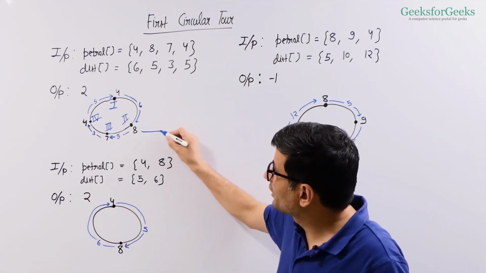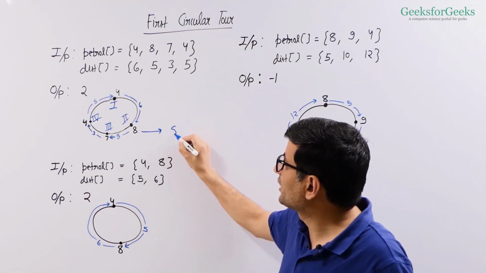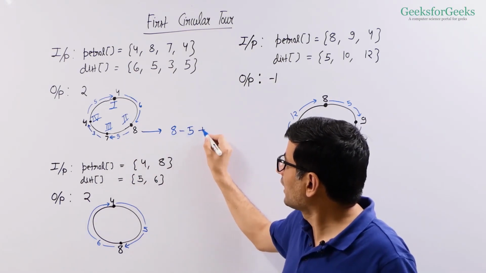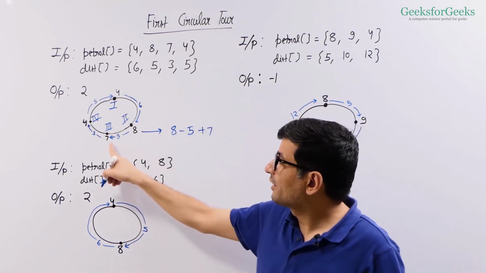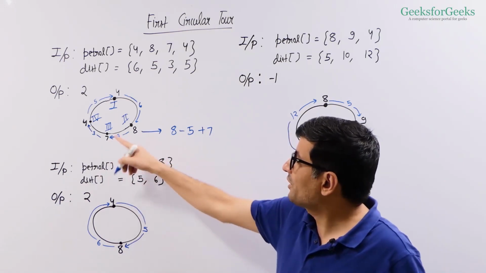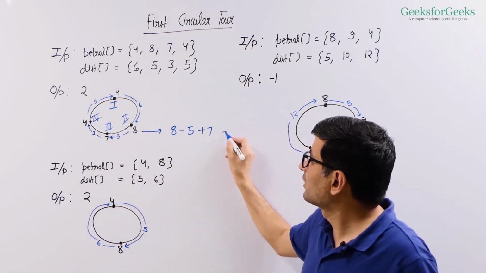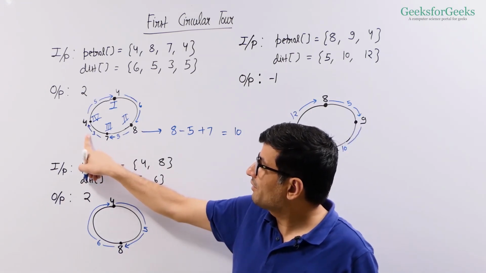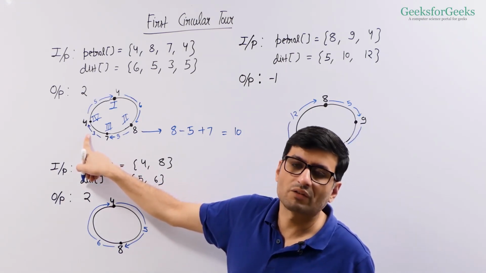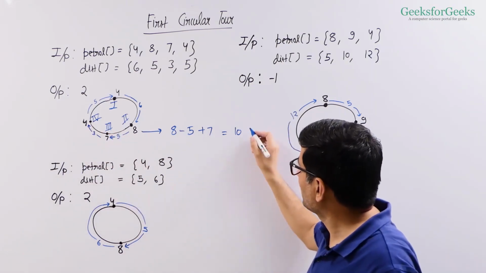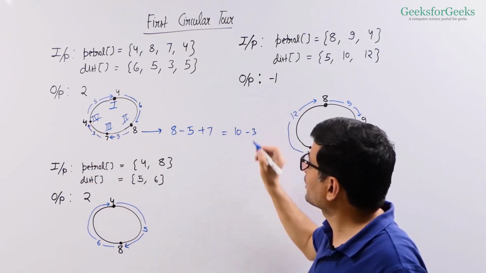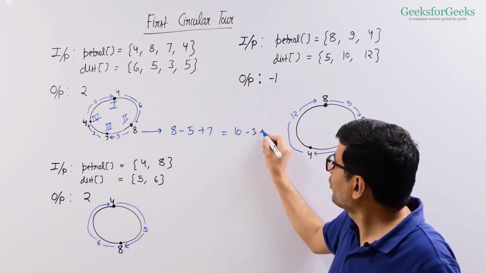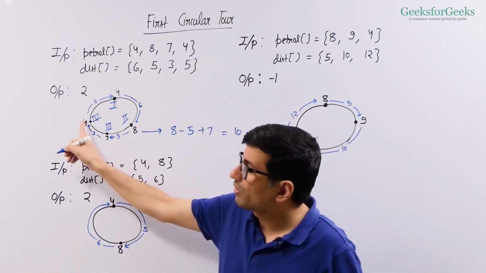So I'll initially have 8, then consume 5, then add 7, right? Now at this point I have 10 units. Now I'll again travel 3 units of distance, and I'll subtract 3 from it, and then I'll add 4 units of petrol.